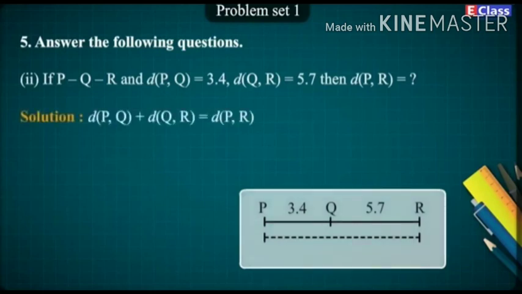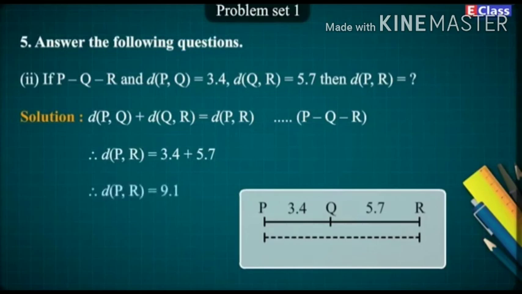PQ + QR = PR, since P, Q and R are collinear. Therefore, PR = 3.4 + 5.7. Therefore, PR = 9.1. Answer. PR is 9.1.